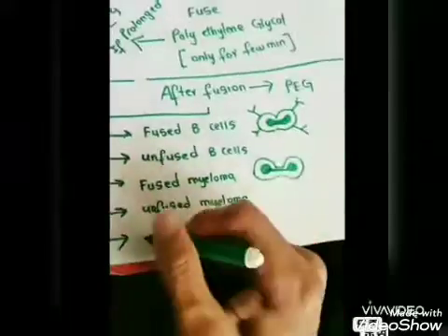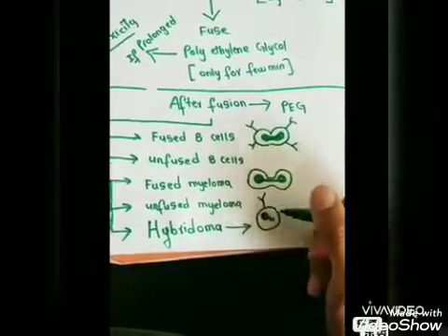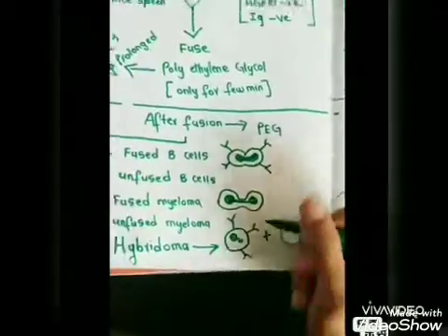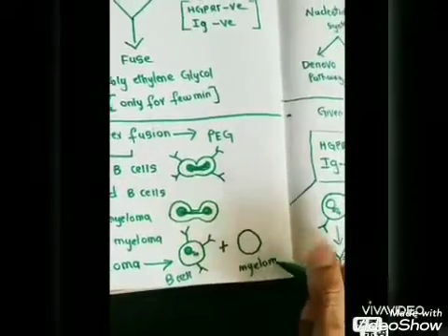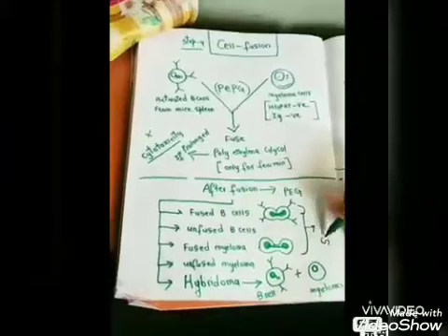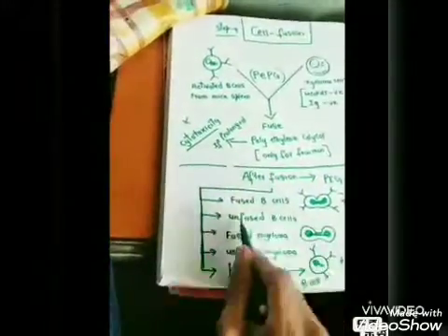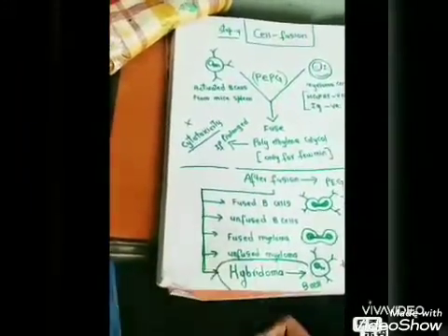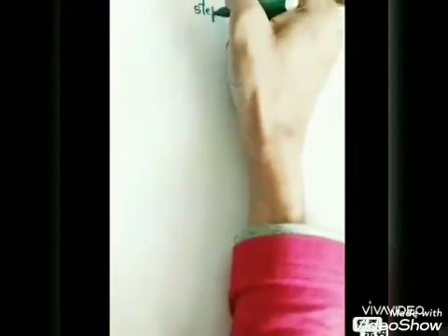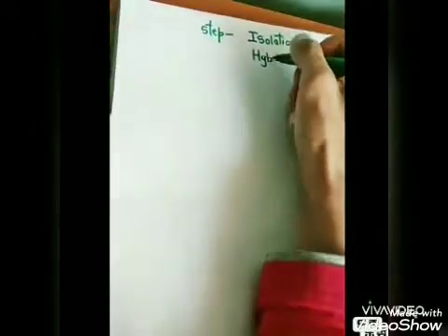And finally we have hybridoma, formed by the fusion of a B cell and a myeloma cell. Now we have to separate this hybridoma from this mixture of cells. You cannot separate it just by picking it out. We have a method. So the next step is isolation of hybridoma.